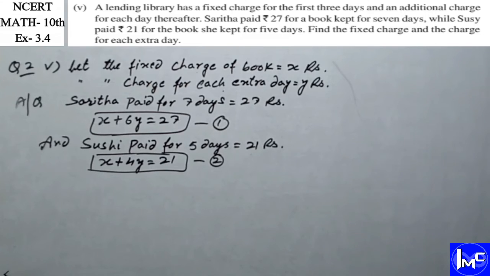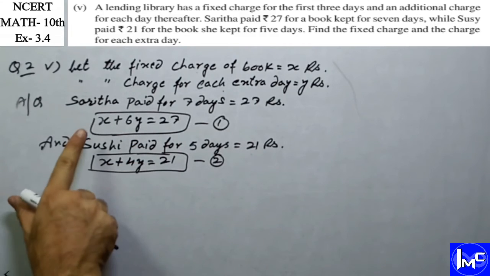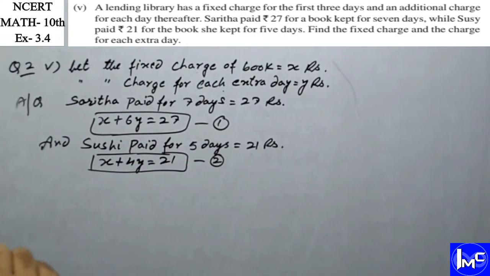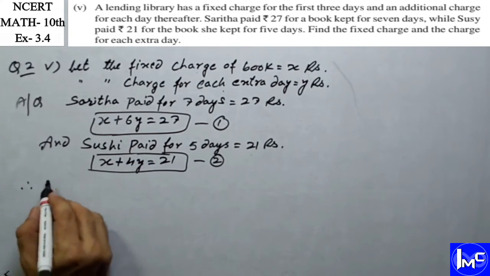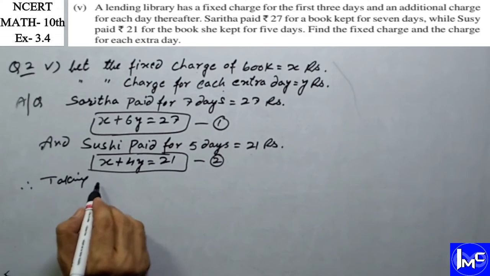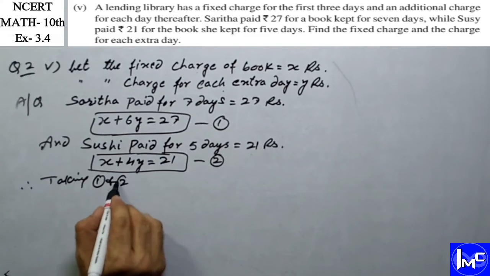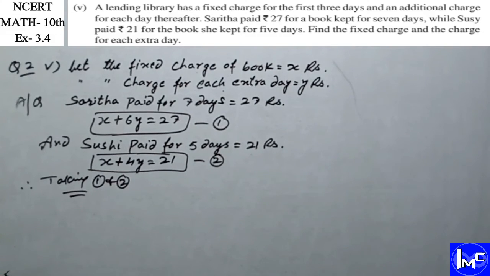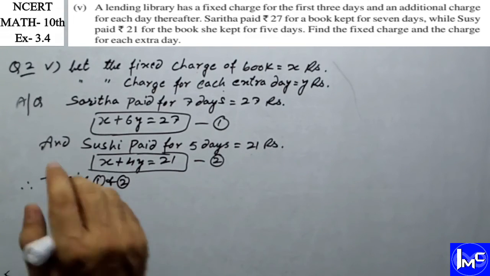Now we will use the elimination method to solve these equations by equating the coefficients. They are already equal. Now taking equations 1 and 2, here we have no need to multiply the equations with the coefficient of the other equation because they are already equal.